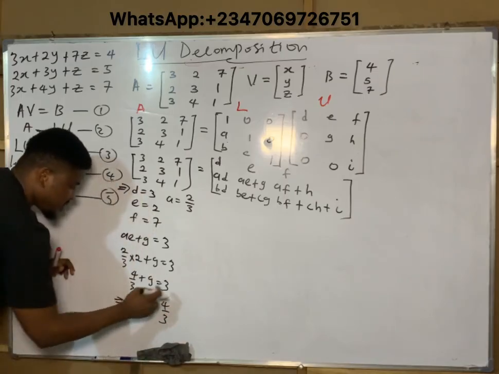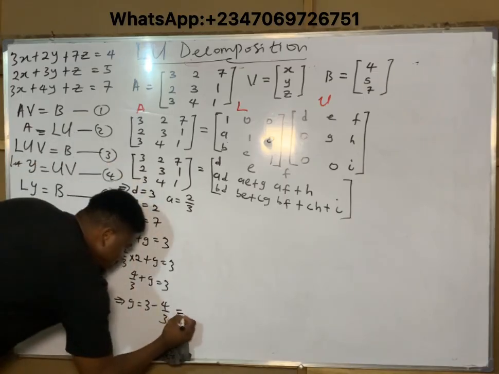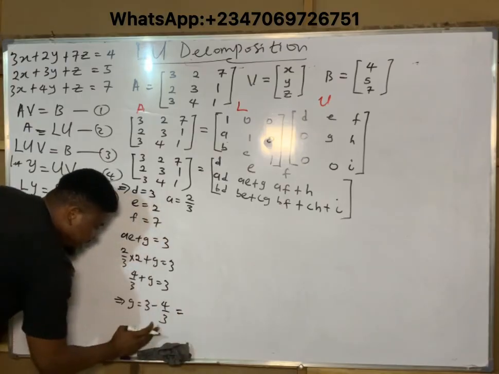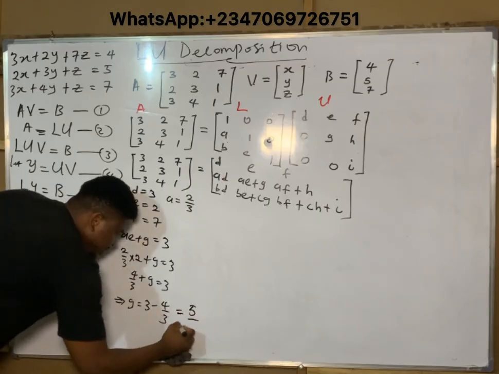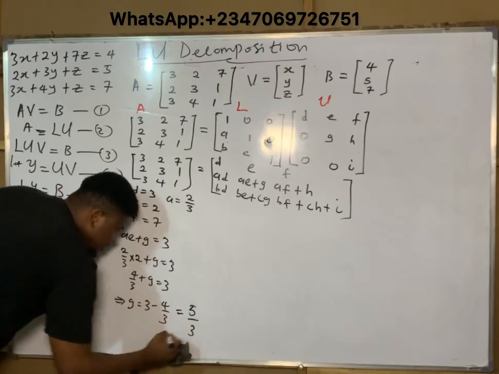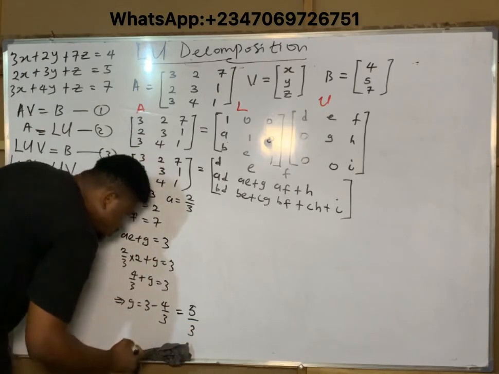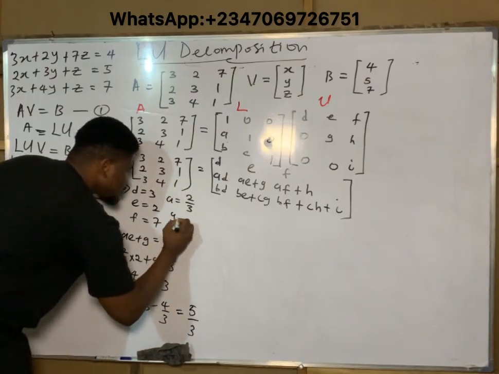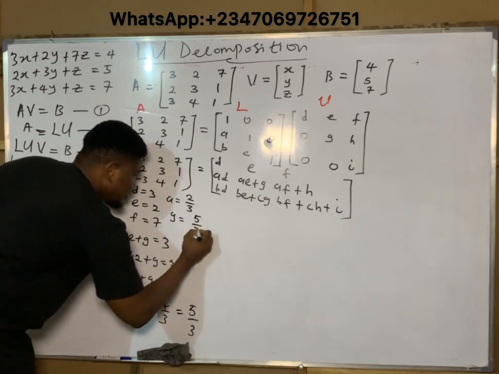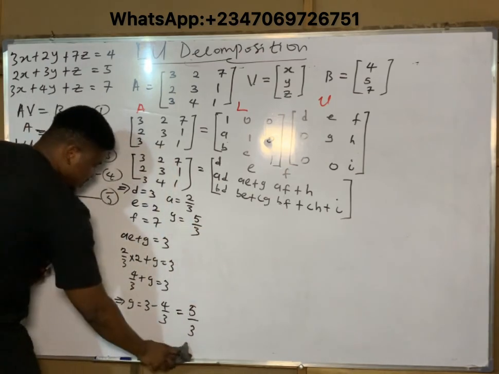Simply sending 4 over 3 over here, right? So this is going to be equal to, taking LCM now, it becomes 9 minus 4, which is 5 all over 3. So it means that G is 5 over 3. So I have my G to be equal to 5 all over 3. So we can take this off.